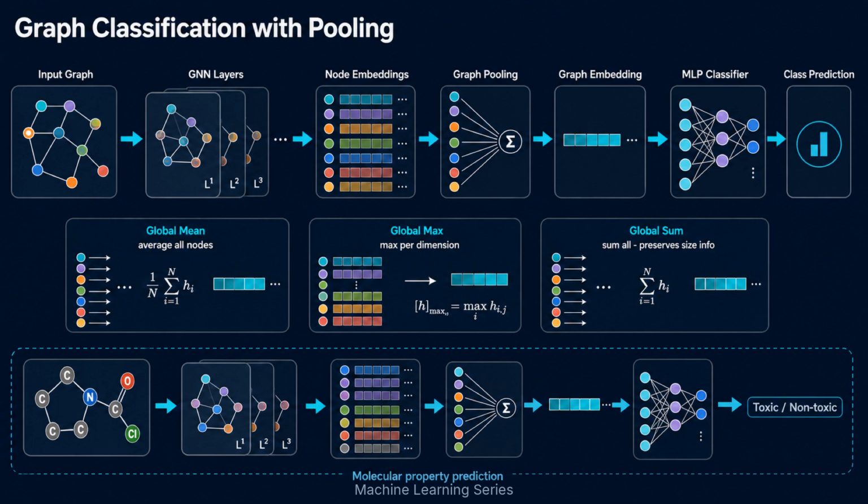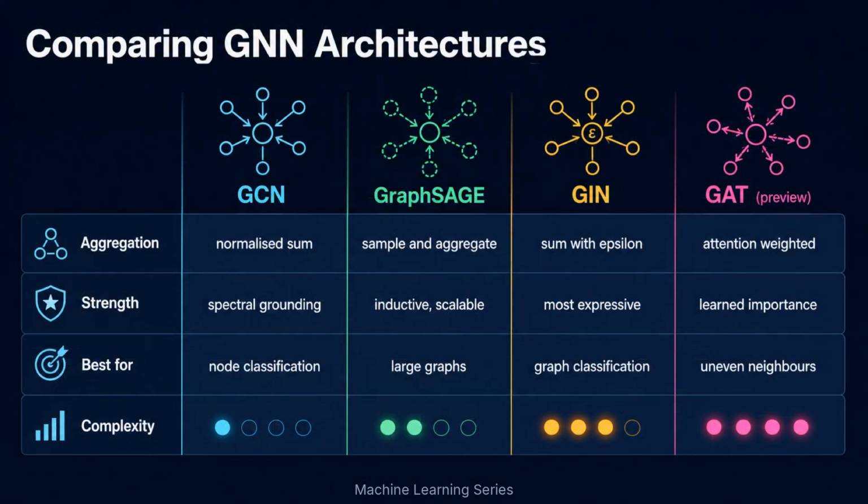Let's compare the architectures we've learned. GCN uses normalized sum aggregation with a spectral foundation, best for node classification when the full graph is available. GraphSage samples neighbors and supports various aggregators, enabling inductive learning on large graphs where we can't fit everything in memory.